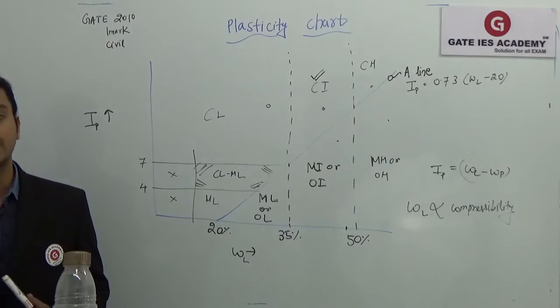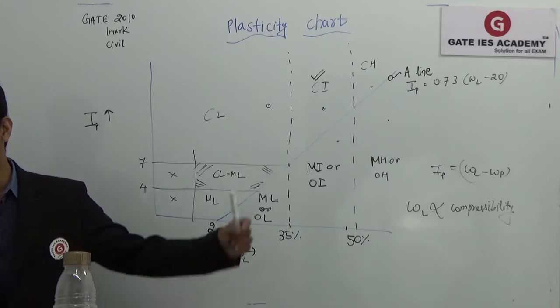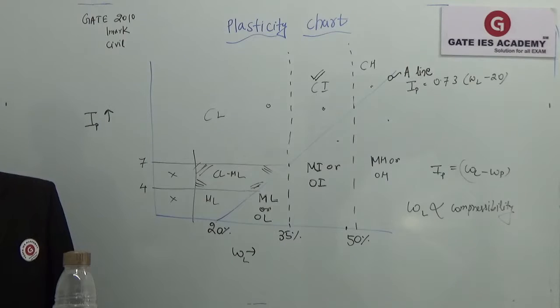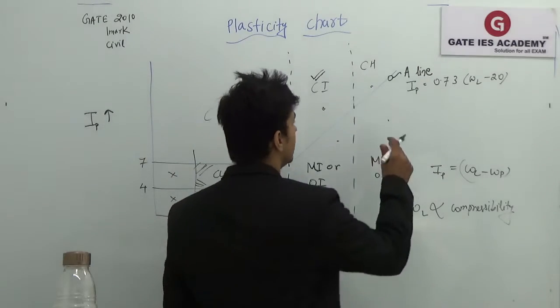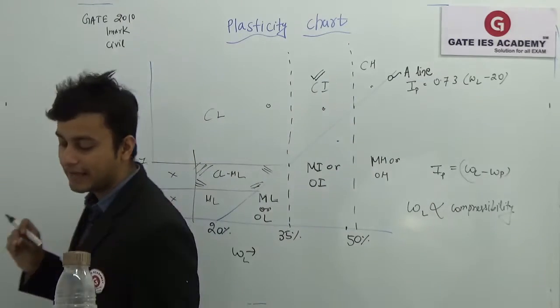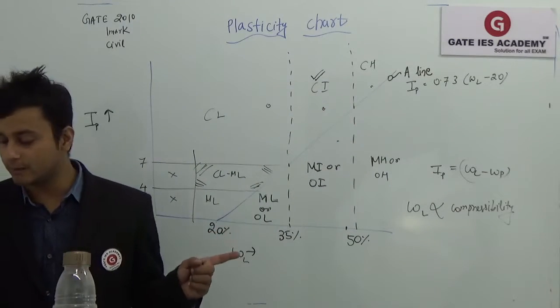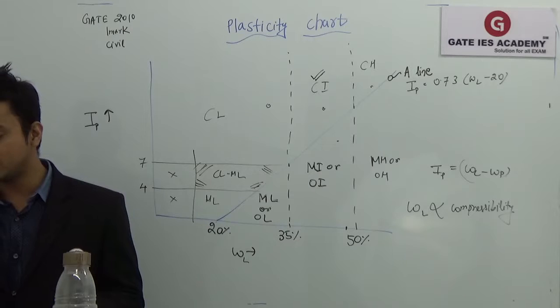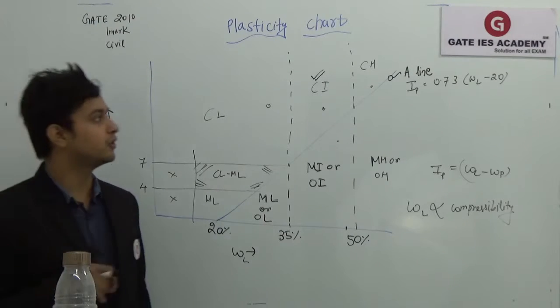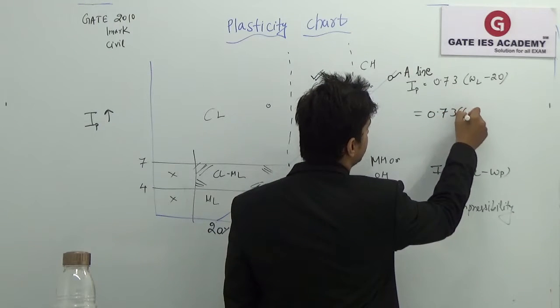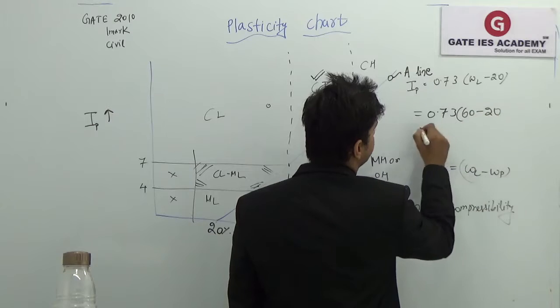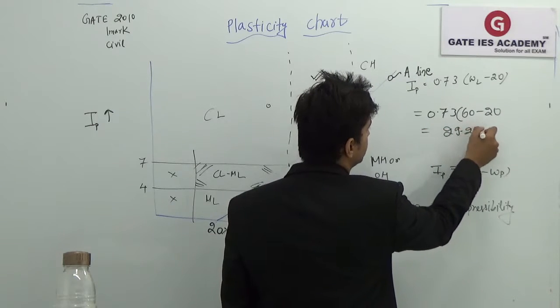Firstly we need to calculate the actual IP, then the IP according to the A line. IP according to A line will be calculated because the liquid limit is already given, and the plastic limit is also given. So if I apply IP equals 0.73 into (60 minus 20), this will give me 29.2%.